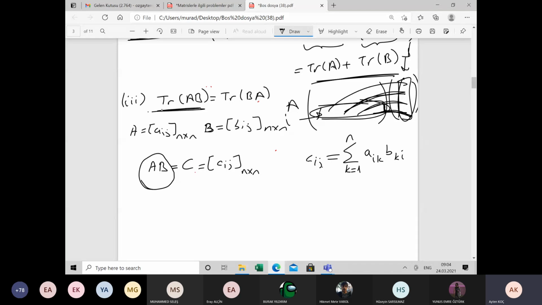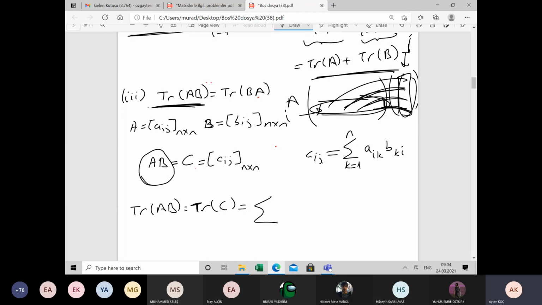Our aim is to compute the trace. So the trace of AB is equal to the trace of C. What's the trace? We know the definition of the trace: the sum of all the main diagonal entries. So it is Cii, with I from 1 to n.